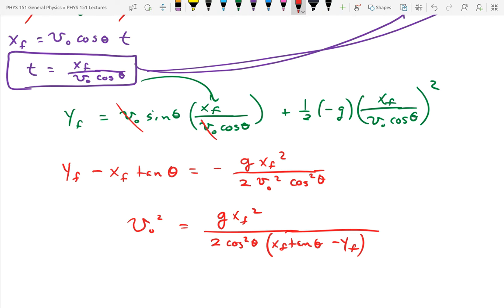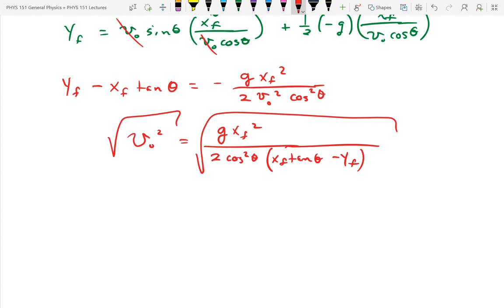Now, of course, I worked this out yesterday. I don't remember having this equation, but I mean, I shouldn't have made a mistake. Shouldn't being an operative word. And so we calculate V initial equals plus or minus. Well, I'm just looking for the speed, so I'm not going to take the minus answer.